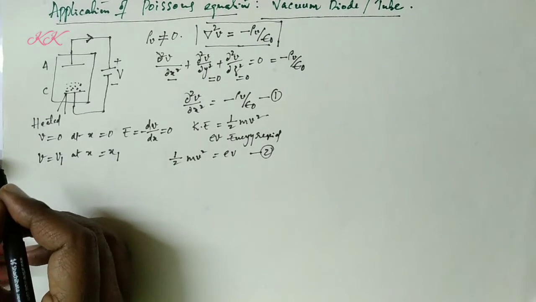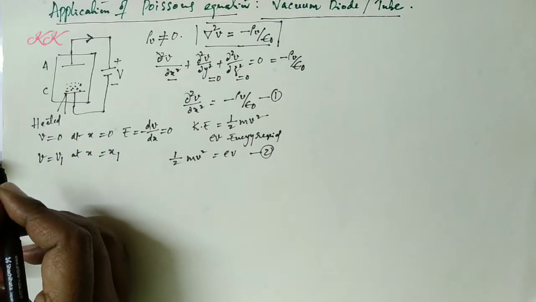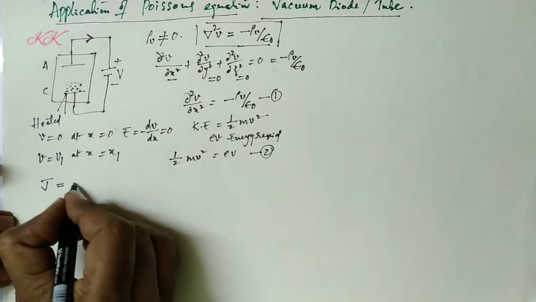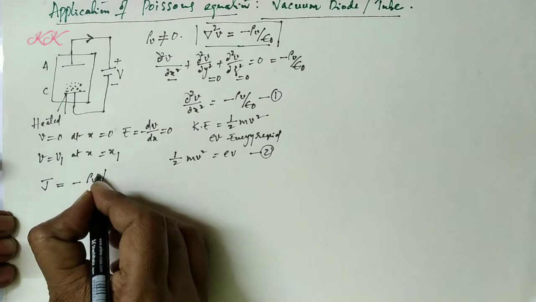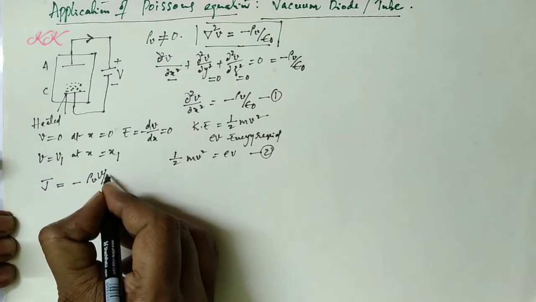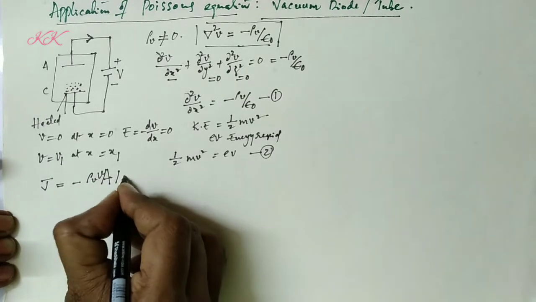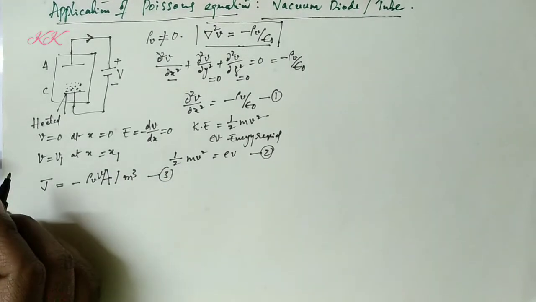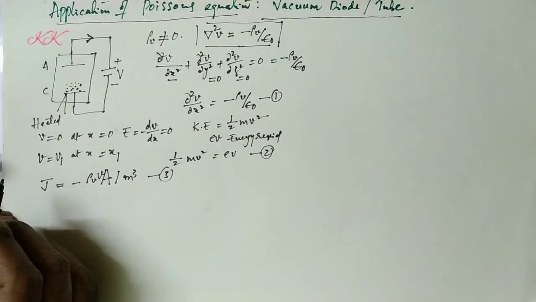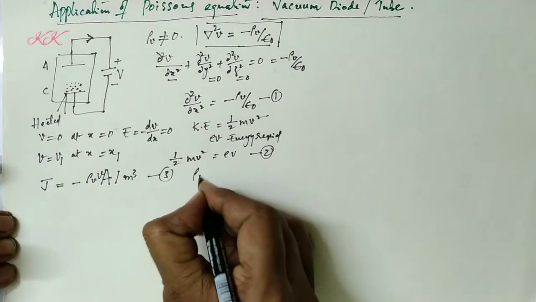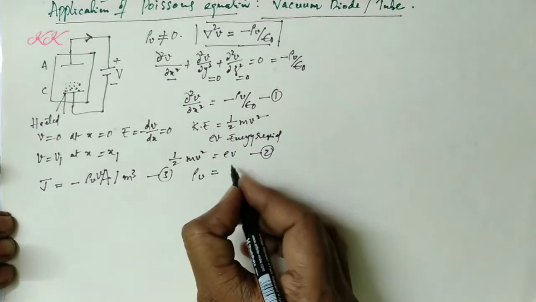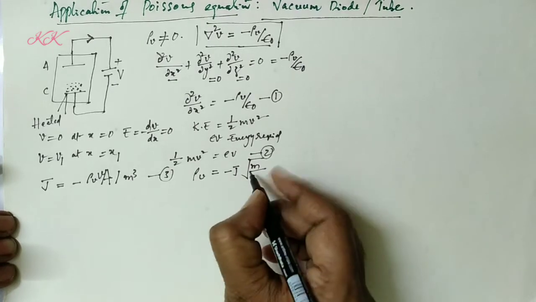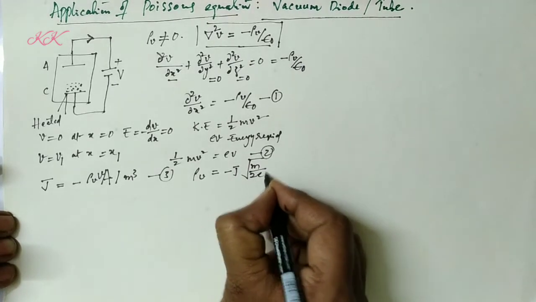And the continuous stream of electrons constitutes a current. Let J denote the current density, that equals minus rho v into v amps per meter cube. Let this be equation number 3. Then from 2 and 3 we get rho v equals minus J square root of m by 2eV.